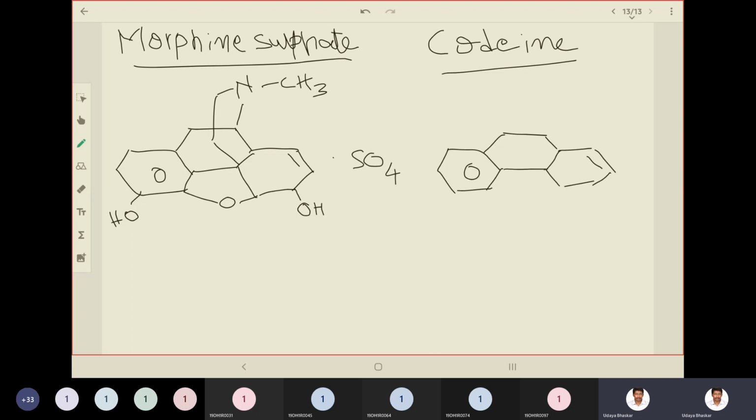You have a double bond here, an ether link here, and a fifth cycle like this. Nitrogen is connected to this carbon, and you have CH3 here, like in morphine. You have an OH group here, like that of morphine, and the final change is you have OCH3 instead of OH. The hydrogen is replaced with a methyl group, OCH3. That is the only difference between morphine and codeine.